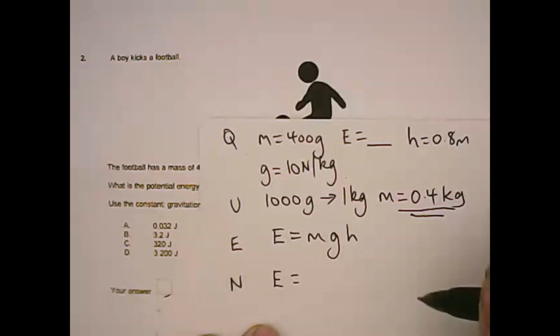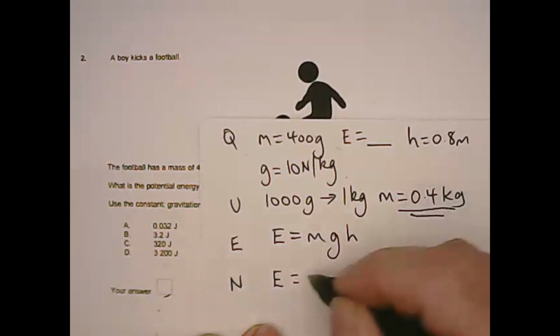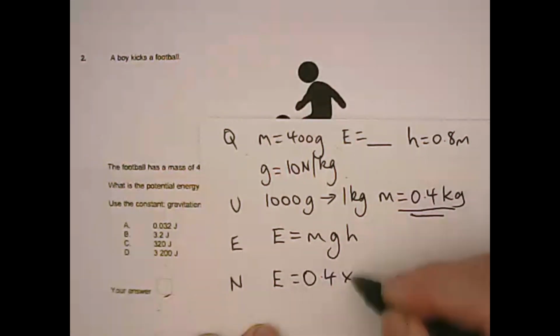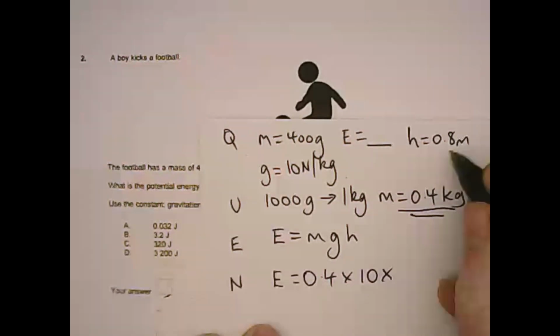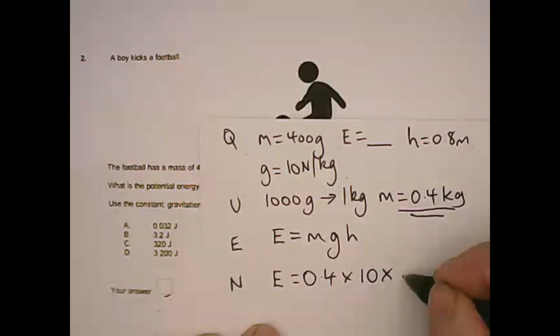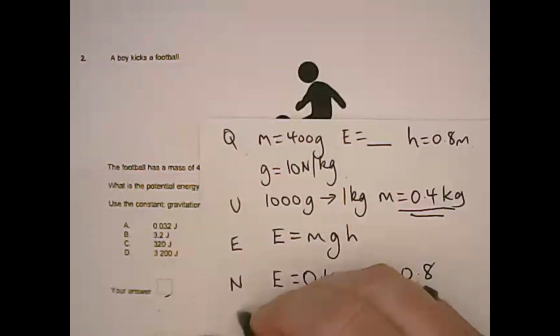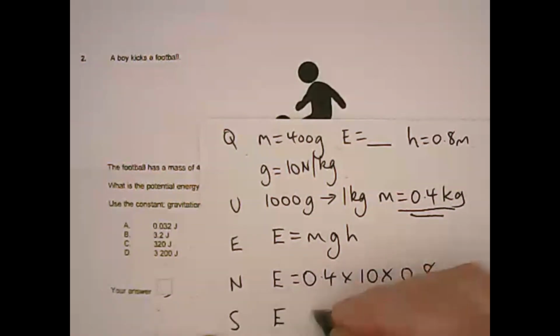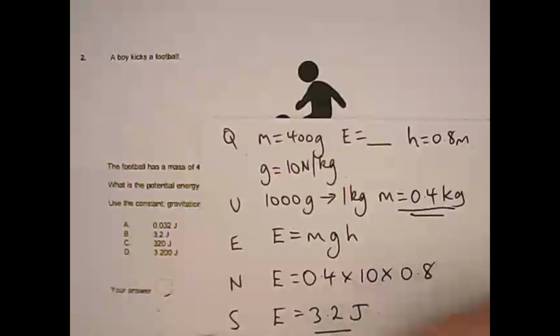It has a letter. It's got an identity. Mass, I do have a value for, and I'm going to use my converted value, 0.4. I've got a value for g given to us in the question of 10, and I've got a height in meters, the correct unit, 0.8. If I solve that, I get 3.2 joules. So answer B.